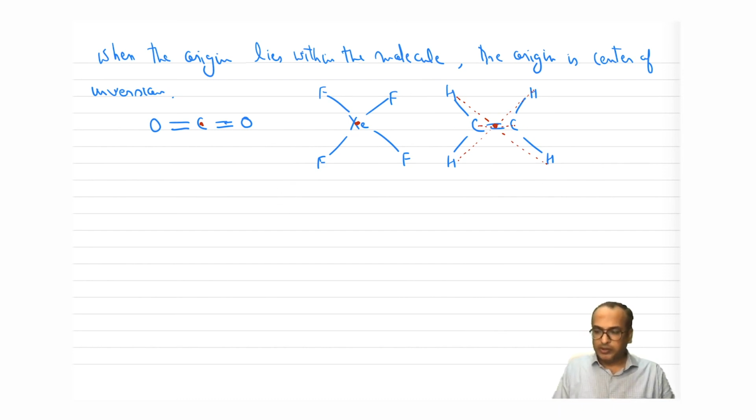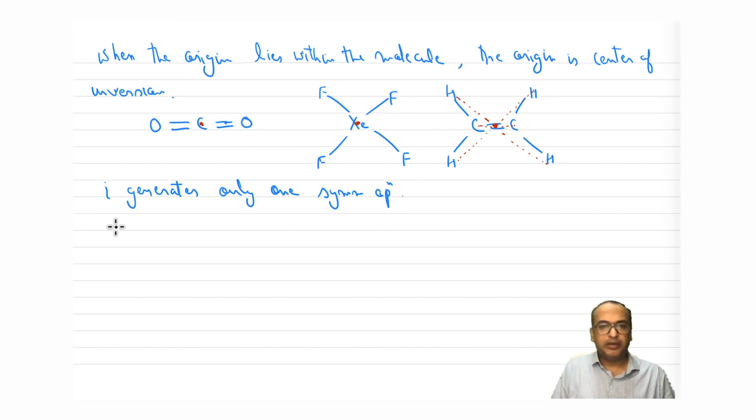Okay. So now, how many operations does it generate? Because the number of operations is also important. So i generates, yes, you guessed it right, only one, just like the sigma symmetry operation, right?